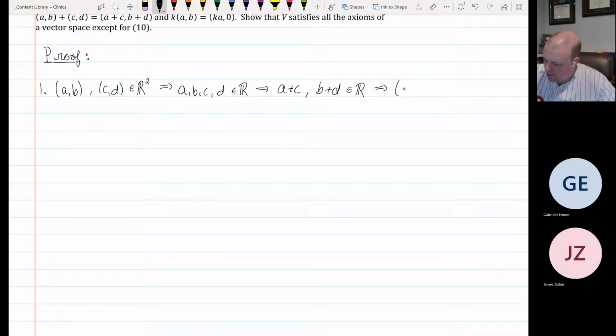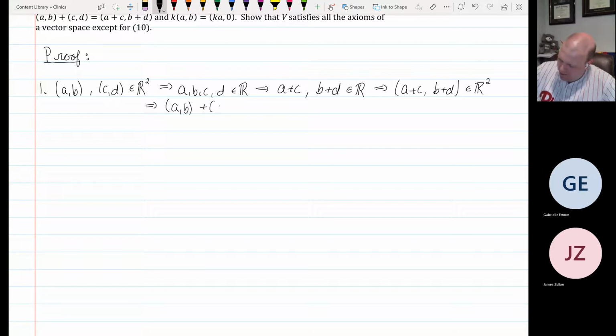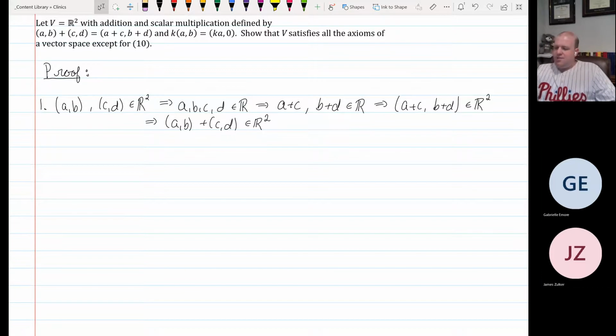But then by definition of R2, that would mean that (A plus C, B plus D) is in R2, which means that (A, B) plus (C, D) is in R2, because that's the definition of addition. So we've shown it's closed under vector addition.